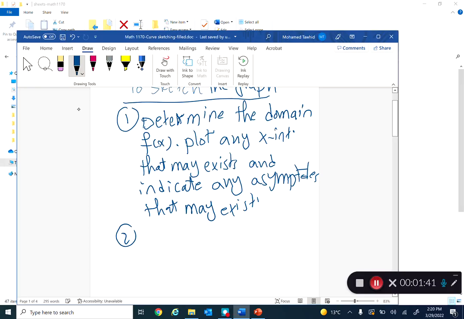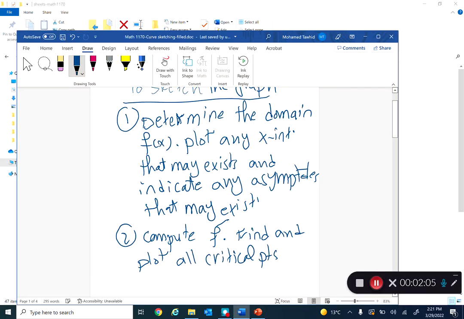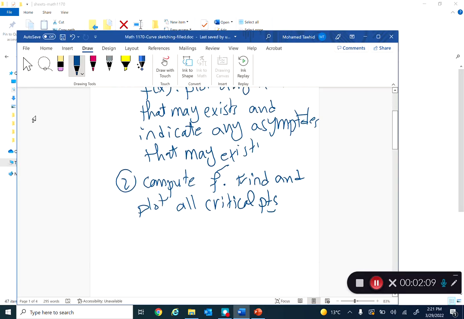Step number 2, I'm going to compute f prime, the first derivative, because the first derivative helps us to find and plot all critical points. A critical point could be a singular point or a stationary point.